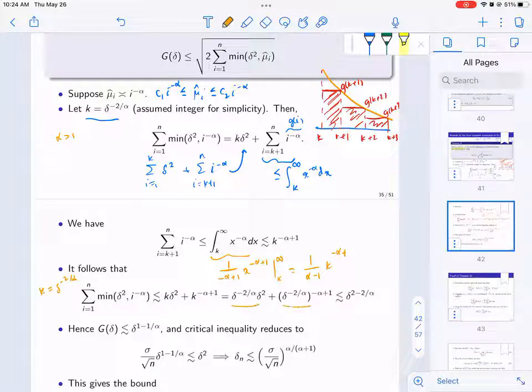and then you can see that the two terms are basically the same, right? So this is delta to the 2 minus 2 over alpha. If you multiply out the second term, the exponent would be 2 minus 2 over alpha. So it's like twice this, again bounded by a constant times this.